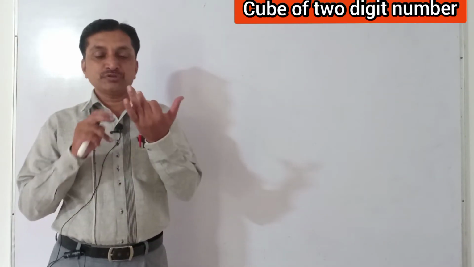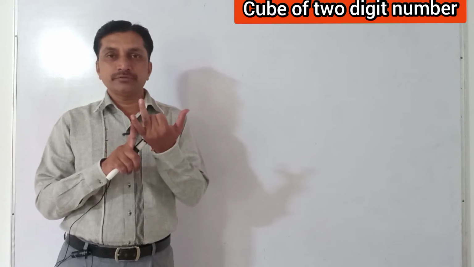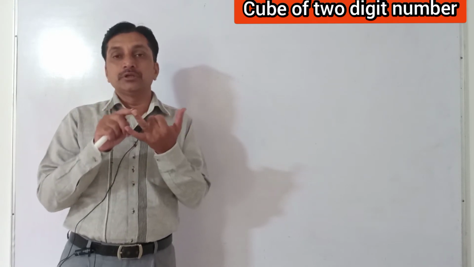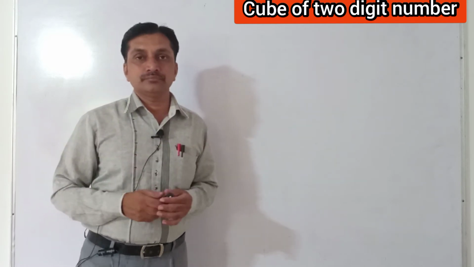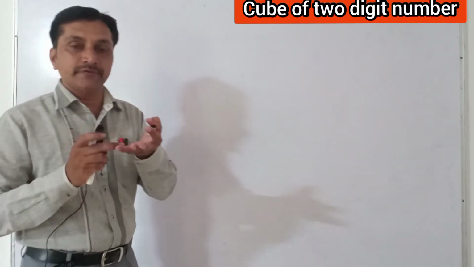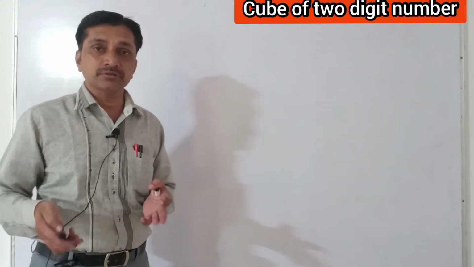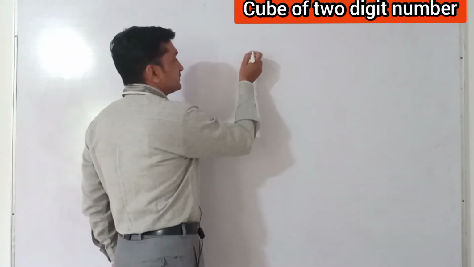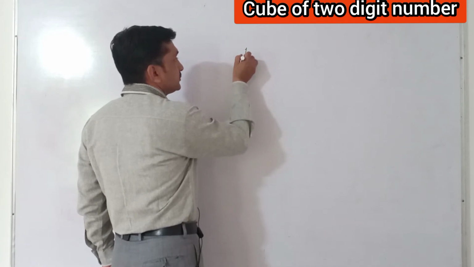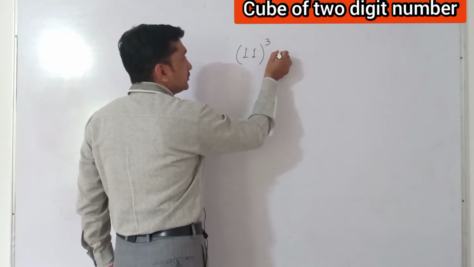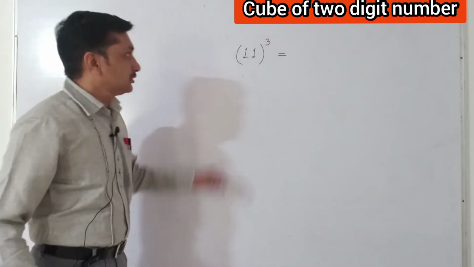Now the two categories we studied: starting with 1, ending with 1. Now both digits the same: 11, 22, 33, 44, 55, 66, 77, 88, 99. Let's see an easy example, 11 cube.